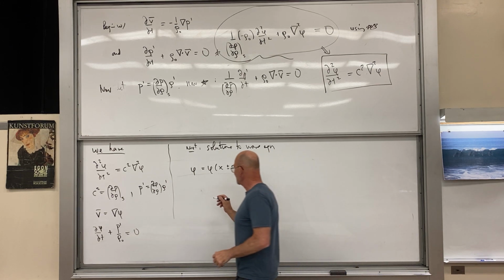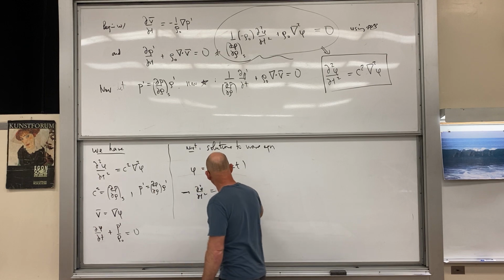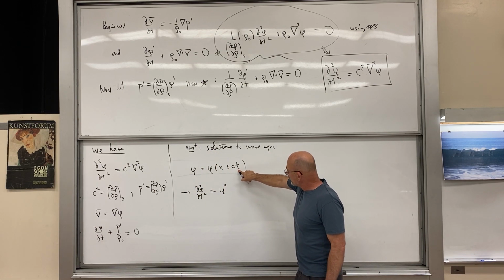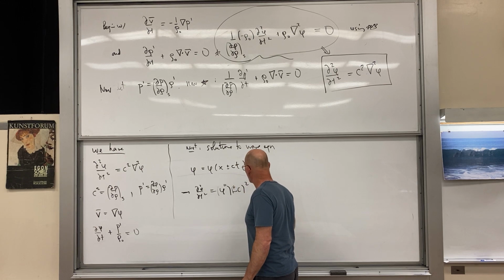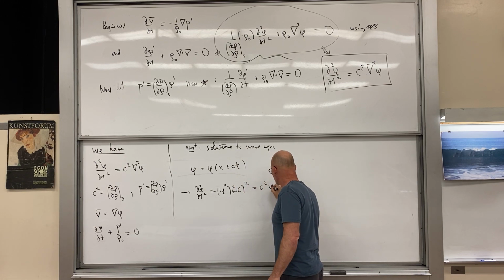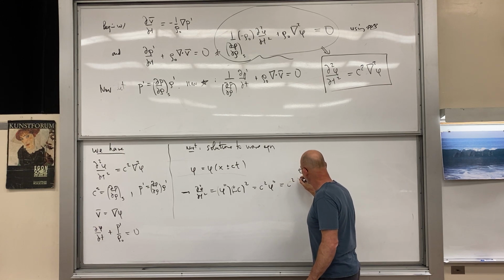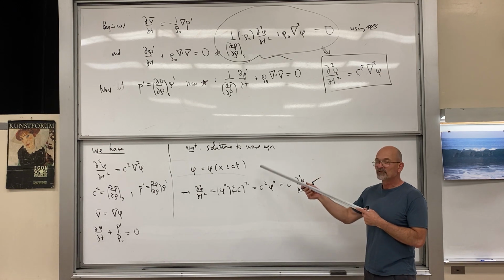Okay. So immediately we have d squared phi dt squared, the two time derivatives, that's phi double prime of the argument times plus or minus c squared, which of course is c squared, times two spatial derivatives, which is c squared d squared phi dx squared. Okay. So that's a traveling wave solution.